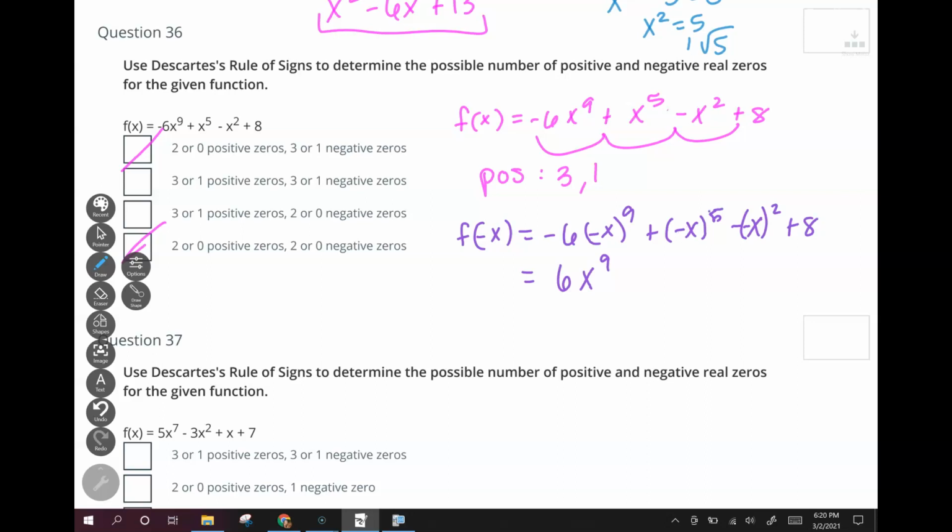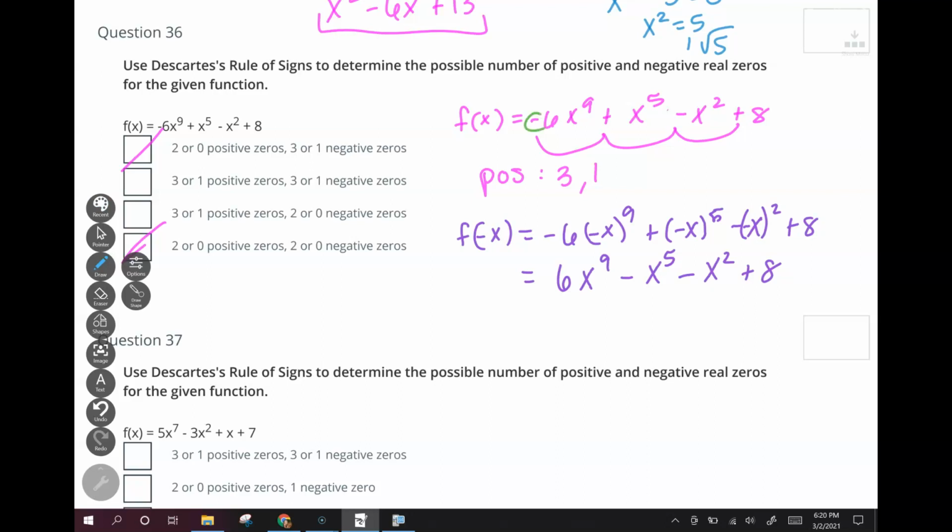Again, I'm raising a negative to an odd power here with the 5. So that negative is going to stay. Negative 1 squared is positive 1, so that negative is irrelevant. It's going to go away. So it just stays minus x squared there plus 8. So you can always think of it as the signs are only going to change on terms that have odd exponents.